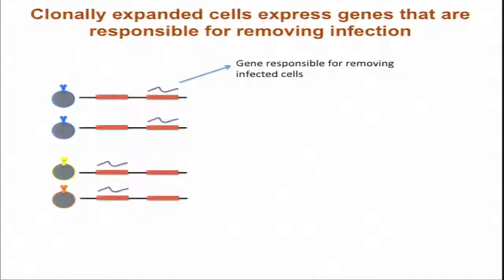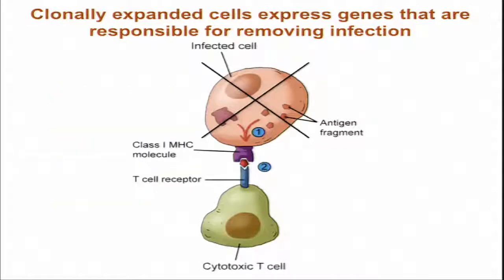These expanded T cells are expressing the genes on the right, for example, and these other ones are not. The genes on the right are known to be responsible for removing infected cells. So what we hypothesize is that in the CFS patients we see an activated immune system, and this activated immune system is likely killing some cells.